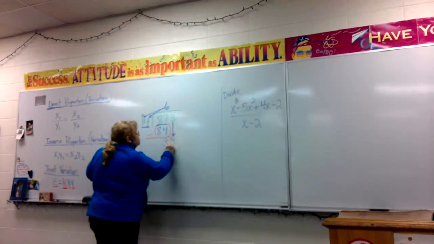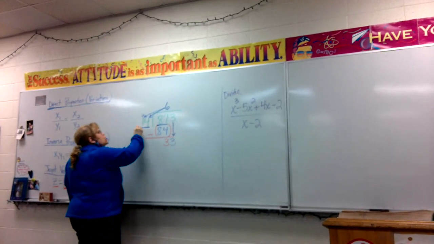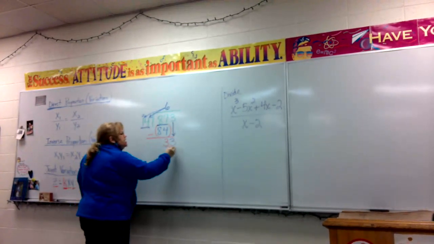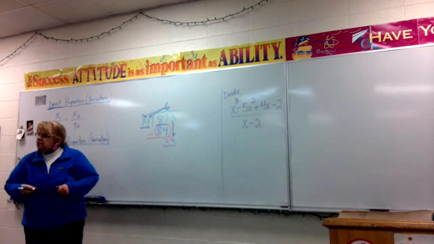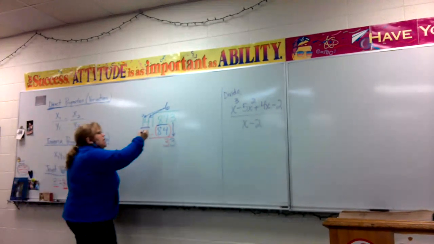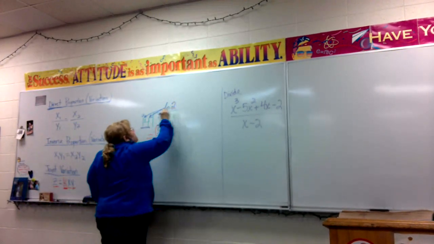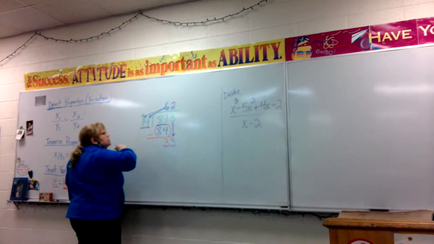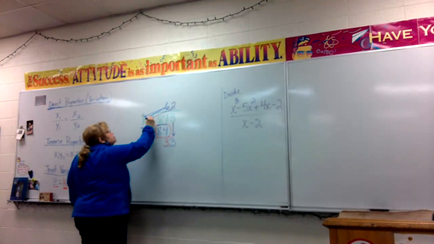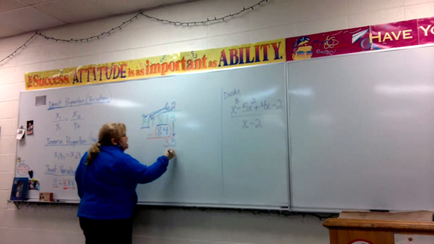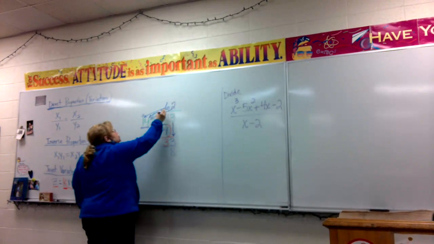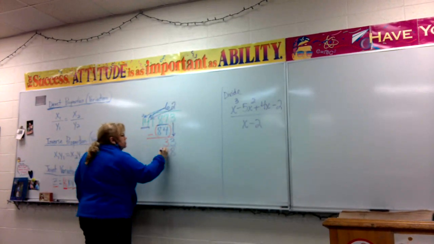You ask, what times 14 gives you 33? 2. And you put the 2 up here, and then what? Multiply times both. 2 times 4 is? 2 times 1 is?